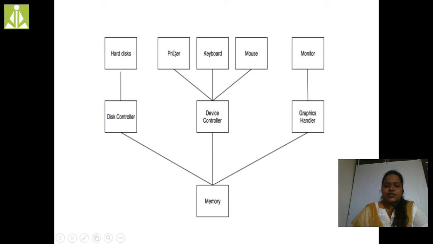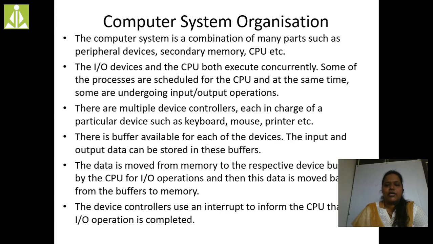After completing its job, the data comes from the printer back to the device controller buffer, and is stored again in the memory. This is how things happen in the computer system organization. The buffers are very useful to store the data for quick usage. That is the purpose of the buffer.